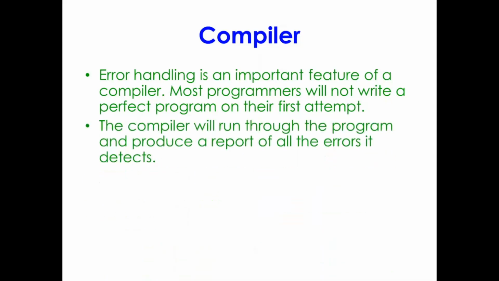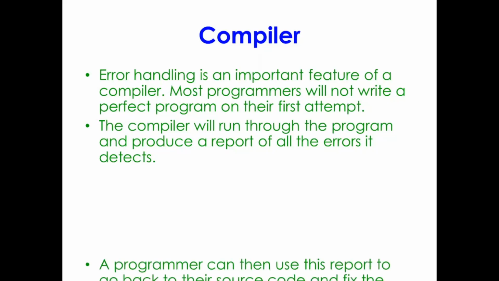The compiler will run through the program and produce a report for all the errors. When you are running the program, if there are errors, then you will get a report about the errors, and this report is telling you where something is not working. It gives you an error list with the exact location of these errors.